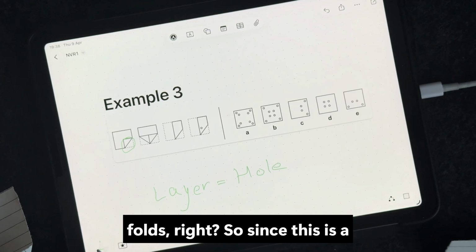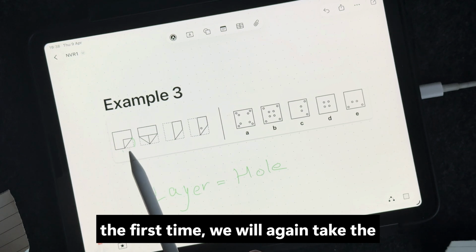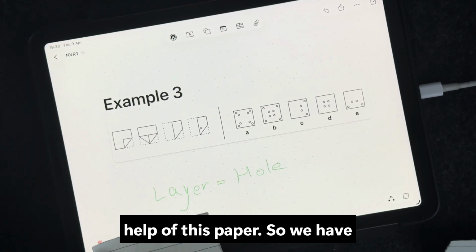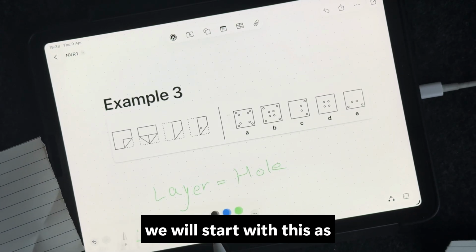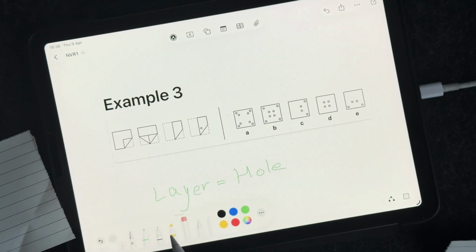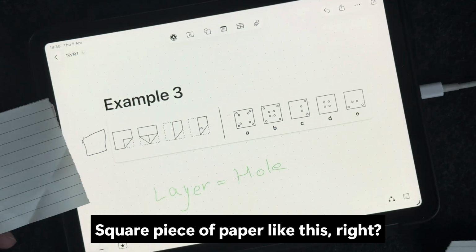So since this is a tough question and we are only looking at the first time, we will again take the help of this paper. So we have this piece of paper and we will start with a square piece of paper like this, right?